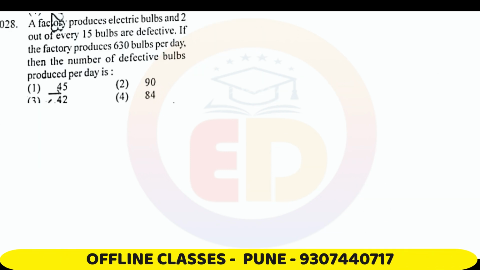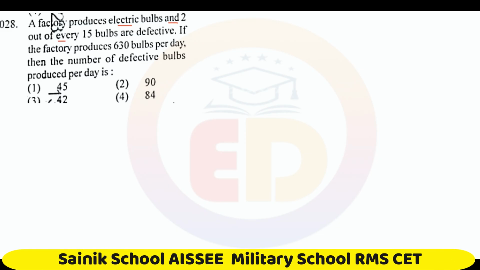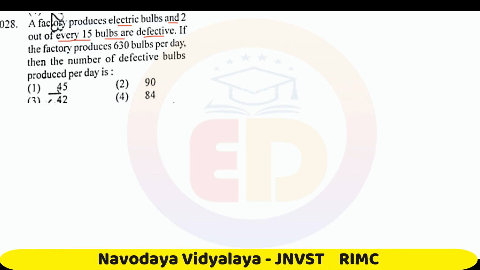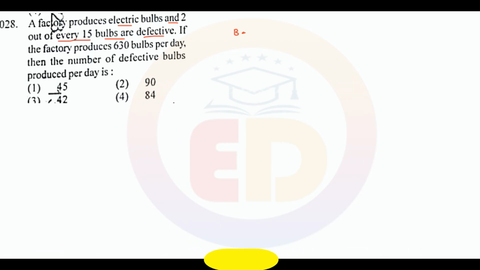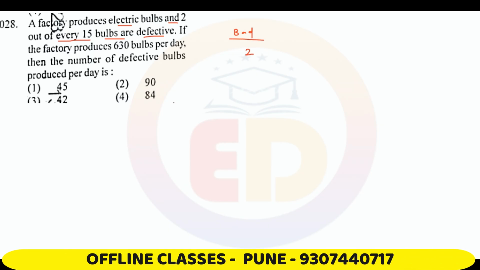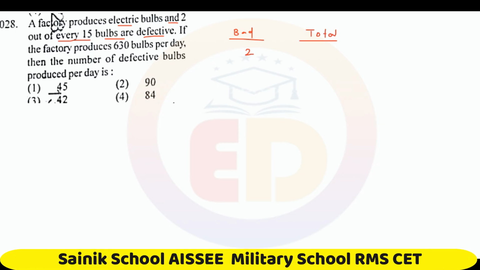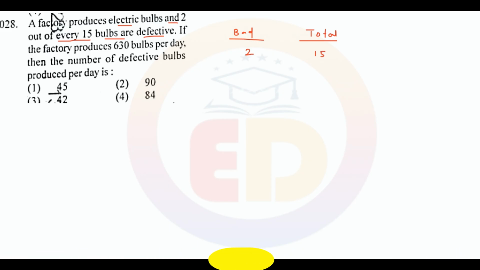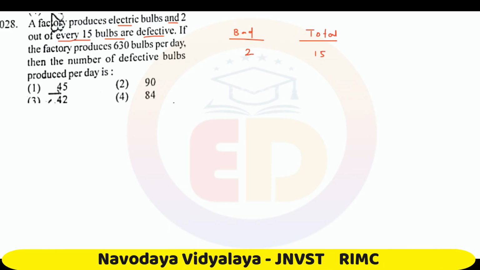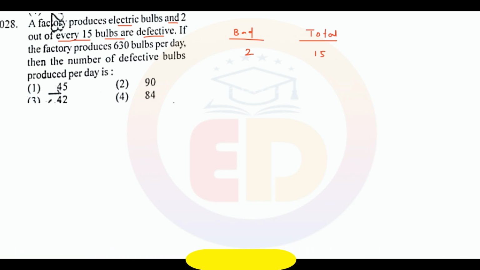Question number 28. A factory produces electric bulbs and 2 out of every 15 bulbs are defective. So they say that defective or bad bulbs are 2 out of a total of 15. So it means that when the factory will produce 15 bulbs, out of that 2 will be bad bulbs or defective bulbs.